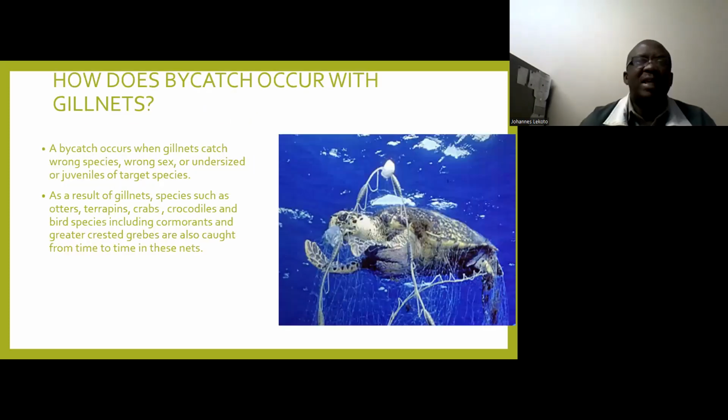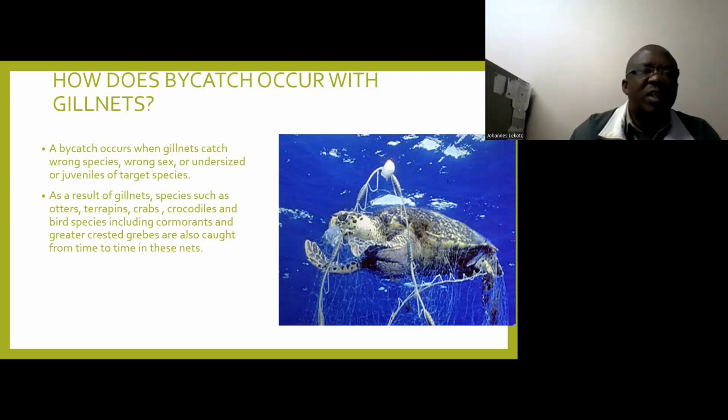How does a bycatch occur with gillnets? A bycatch occurs when gillnets catch the wrong species, wrong sex, or undersized or juveniles of target species.